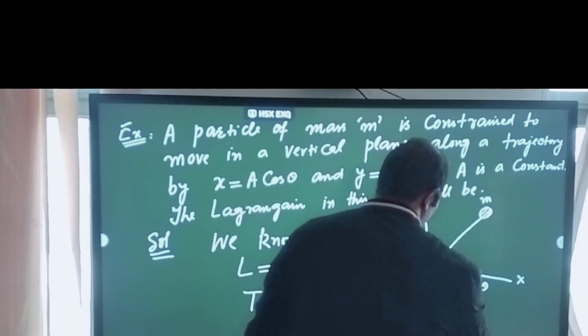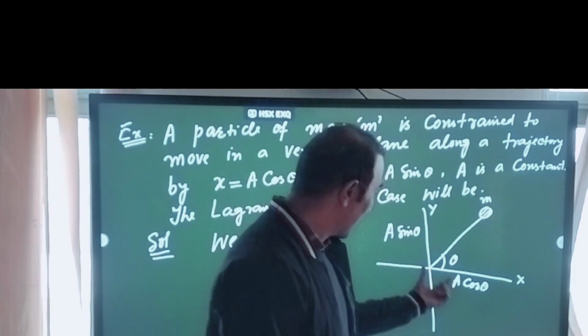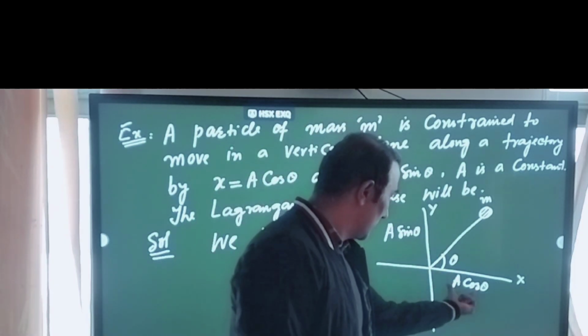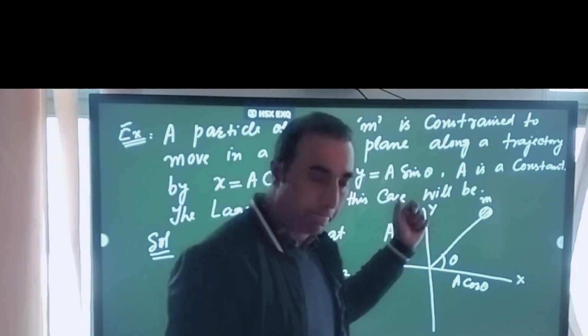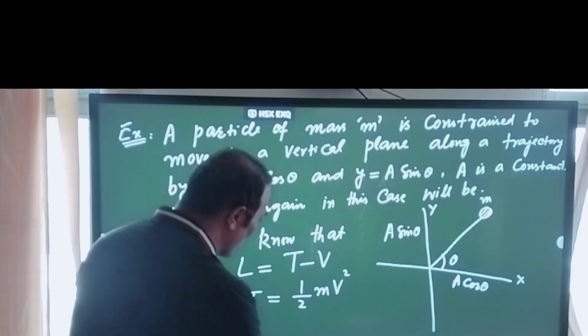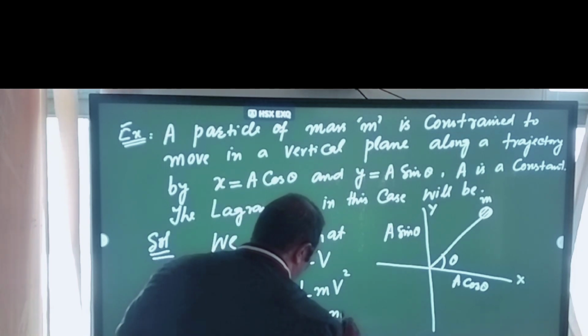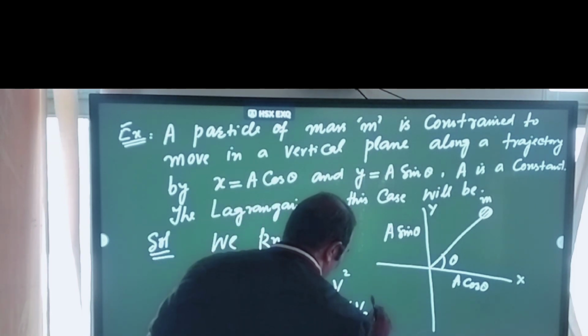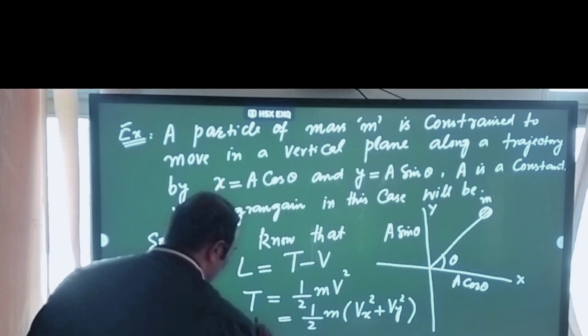It makes some angle theta with the x-axis, so the components are a cos theta and a sin theta, right? Now I can rewrite this as 1 by 2 m (vx square plus vy square). So this is our kinetic energy.